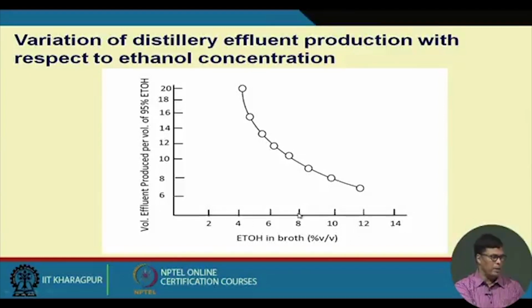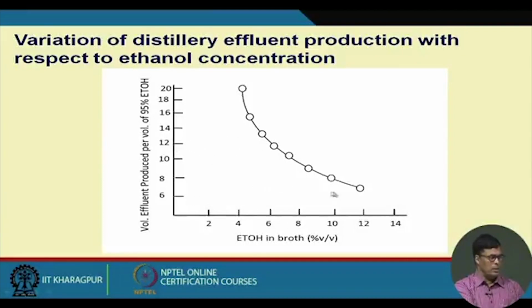In the early days, 15 to 20 years ago, most fermentation in India was carried out in the batch fermentation process, where we get 7 to 8% alcohol. With 7%, it is approximately 12 to 13 liters of distillery effluent per liter of alcohol.